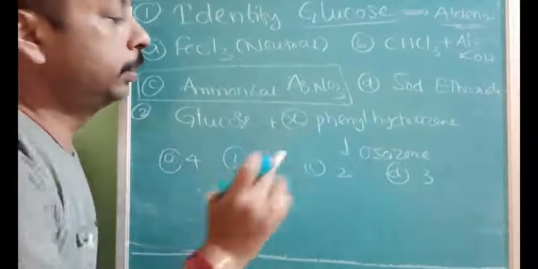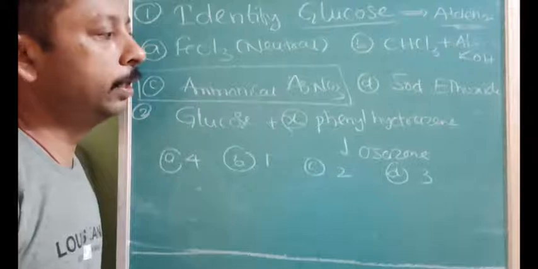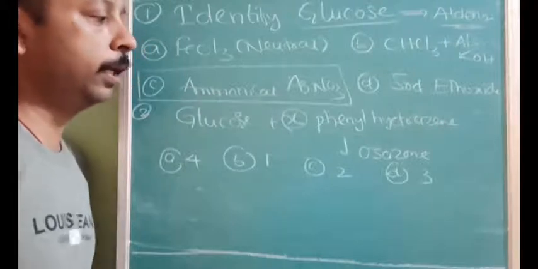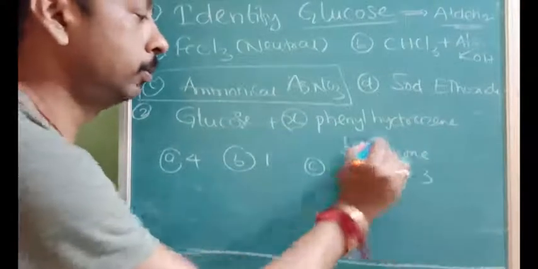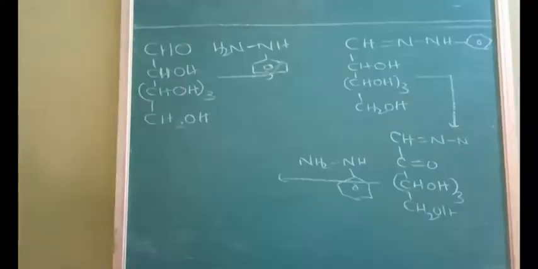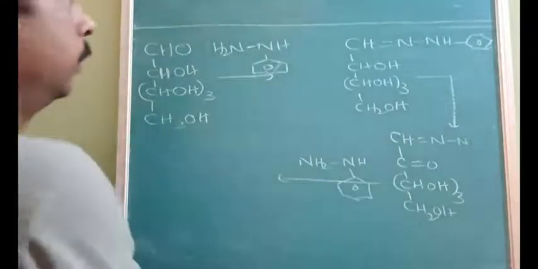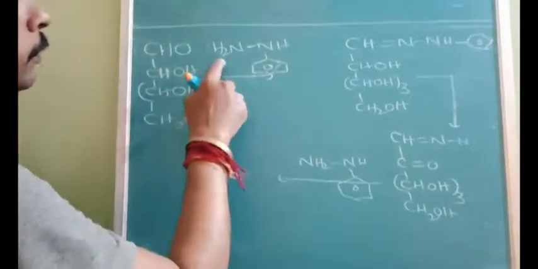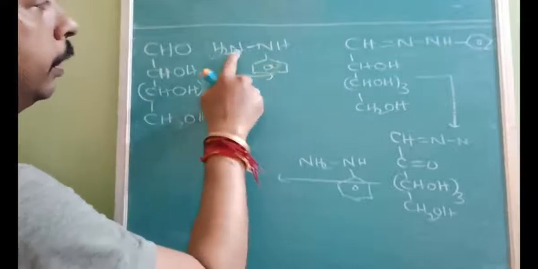Glucose reacts with X moles of phenylhydrazine to give osazone. That is the question. This is the complete mechanism. First, this is phenylhydrazine.